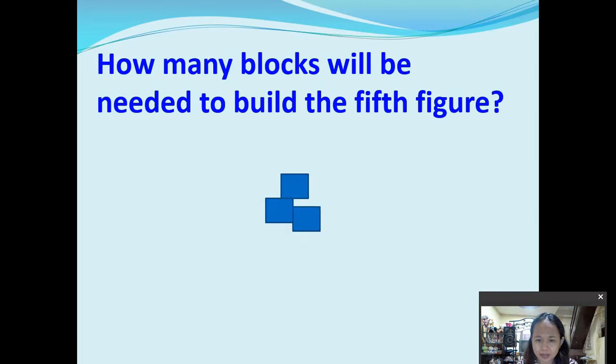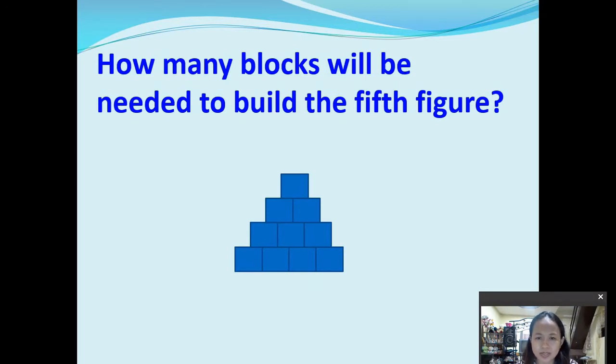Second figure, we have 3 blocks because we added 2. For the third figure, we added 3 blocks to get 6. For the fourth figure, we add 4. So 1, 2, 3, 4. So we come up with 10 blocks for the fourth figure.